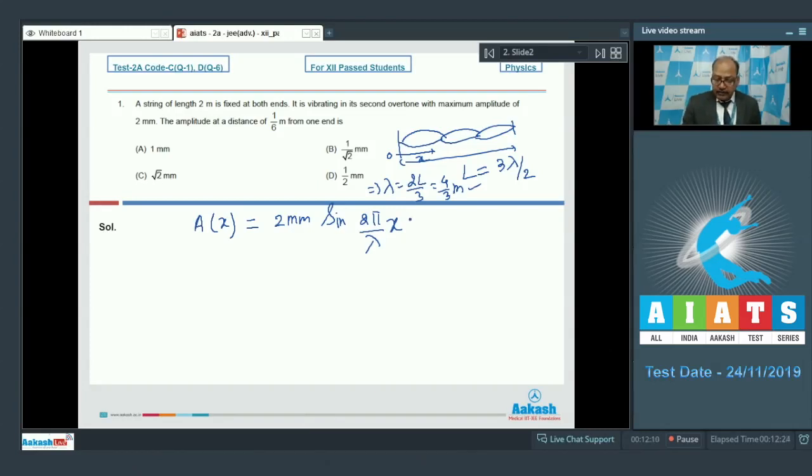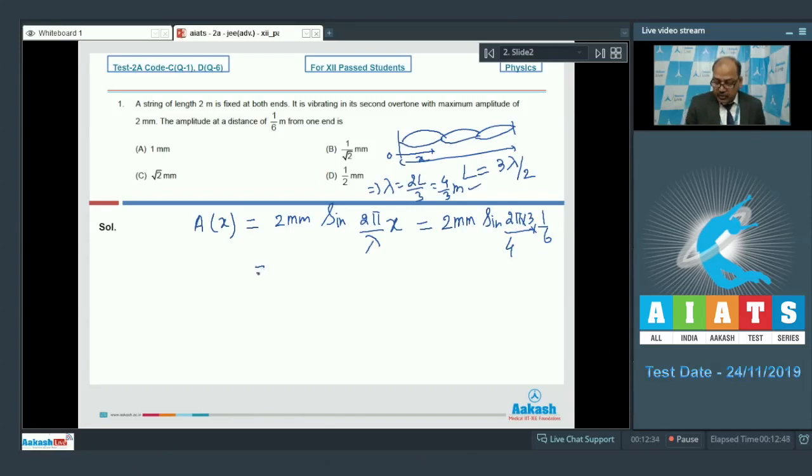We put the value of lambda and we get amplitude is 2 millimeter sine 2 pi, lambda is 4 by 3, and the value of x is given in the question as 1/6. So this entire term is pi by 4.